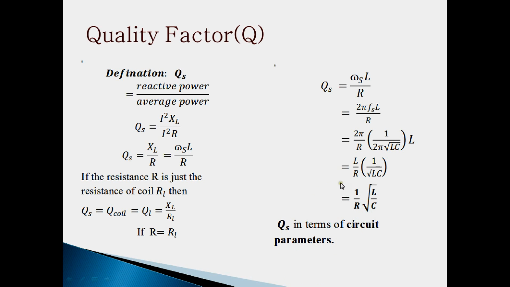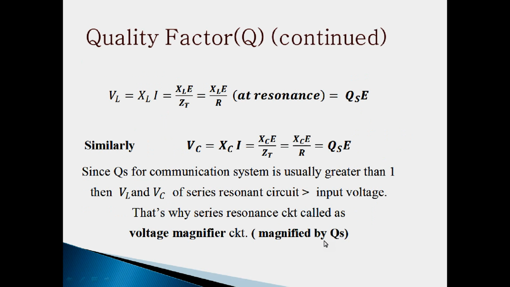If you want to change quality factor in the circuit, then you have to change the resistor, inductor or capacitor. And this is the derivation for quality factor at resonance in terms of circuit parameters.